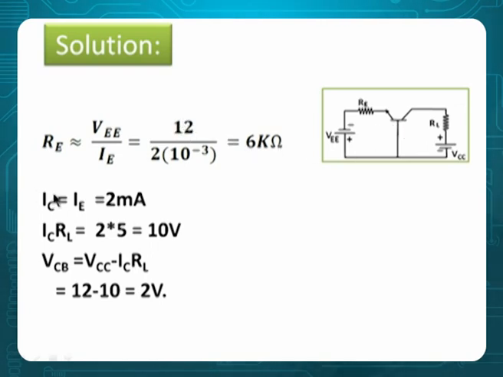And you know IB is neglected, IC is approximately IE, that is also 2 milli. Now what is the value of ICRL? IC is 2 milli, this is kilo. Kilo and milli cancel, therefore 10. So VCB is 12 minus 10, which is 2. That's how we can calculate any values they are asking for.